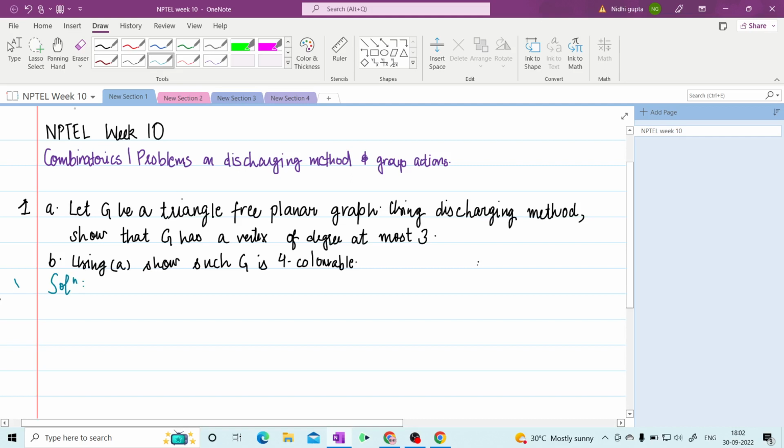We are given G is a triangle free planar graph.